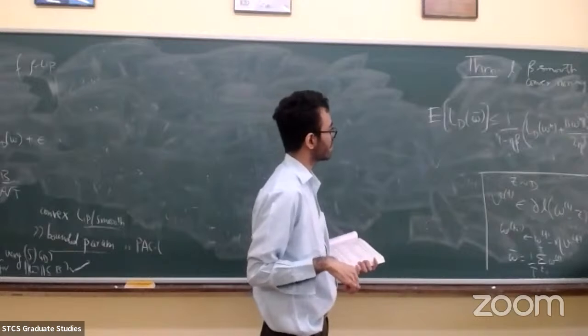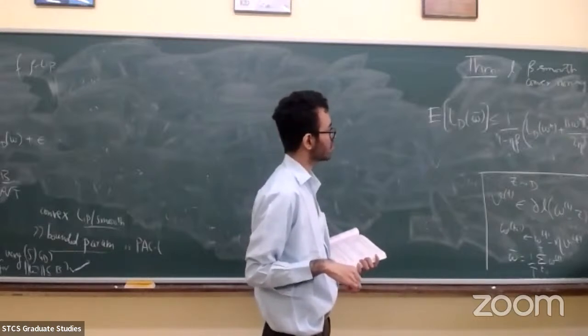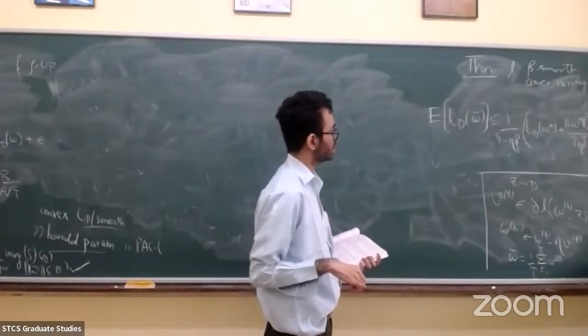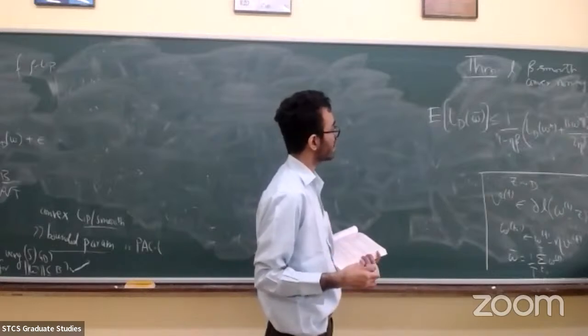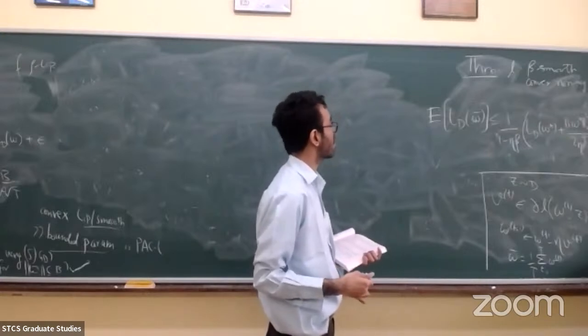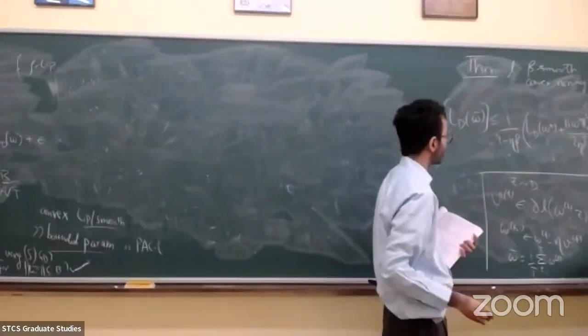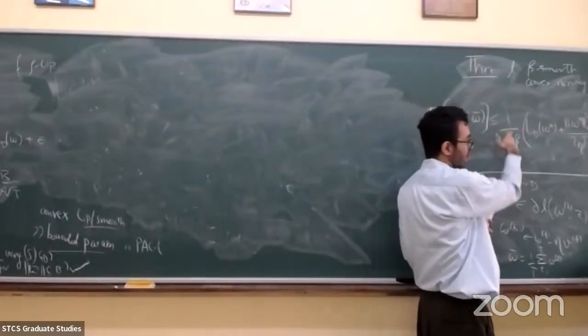So this is a slightly different kind of guarantee than last time. When we analyzed regularization for smooth functions, we had gotten slightly different kinds of constants than this.